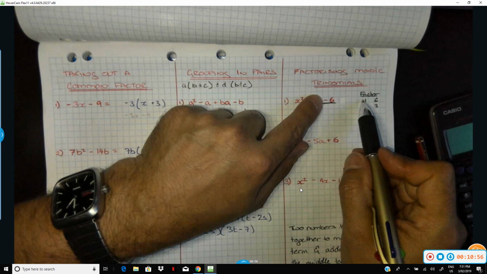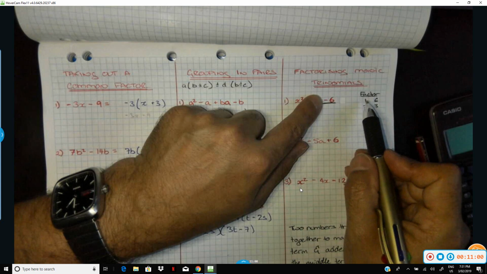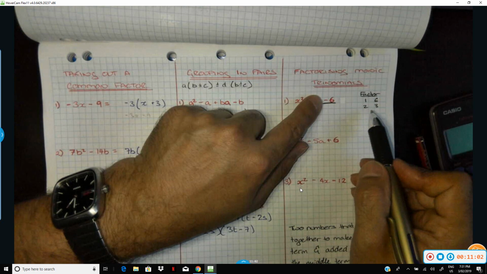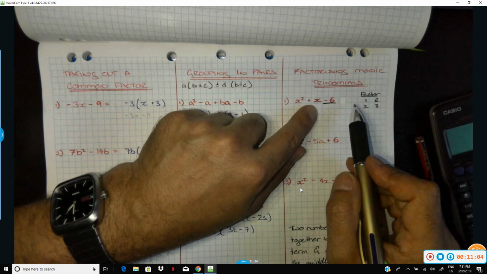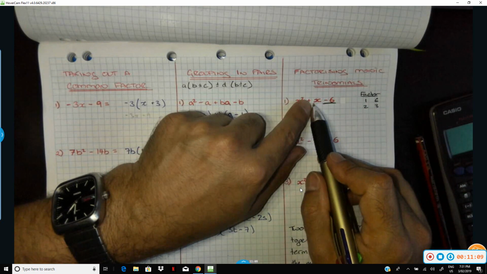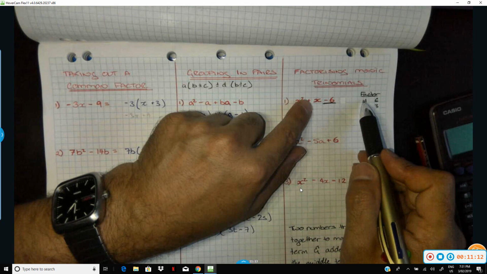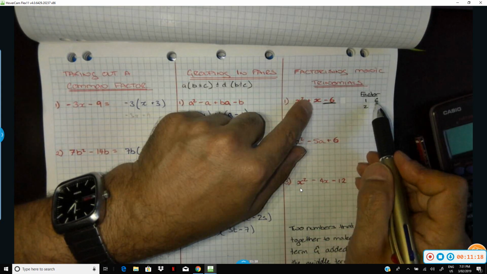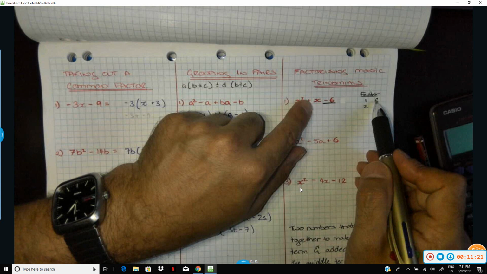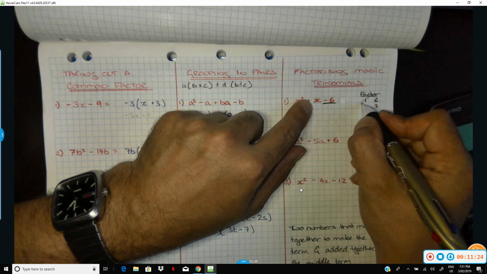So -1 times 6 is -6. -6 times +1 makes -6, as you can see. But what we want is that when they're added together, they make 1. Well, -6 plus +1 adds together to make -5. So that can't be that. And -1 times +6 adds together to give you +5. So these we don't like.